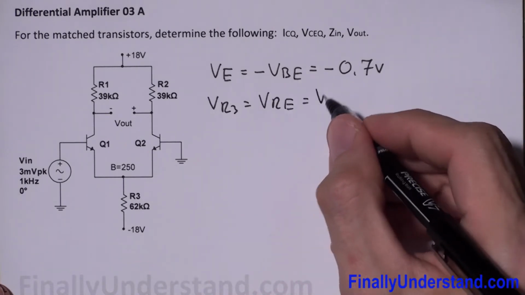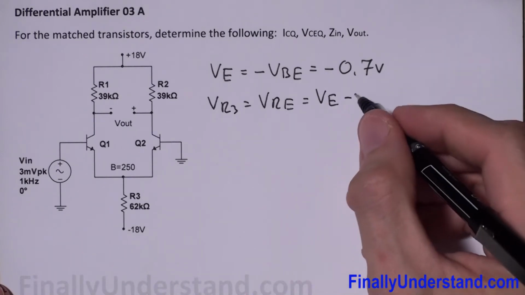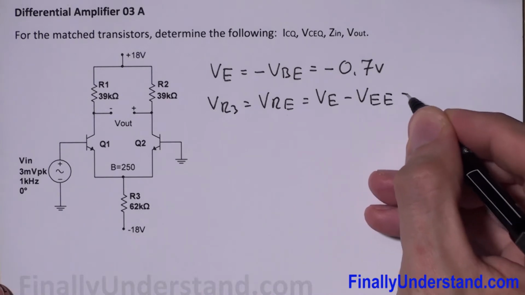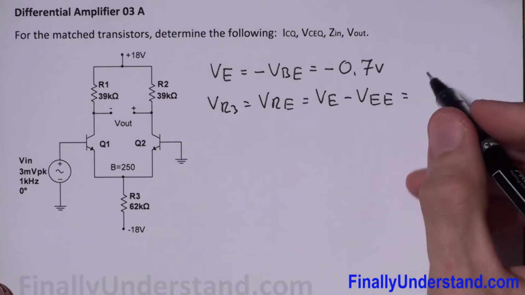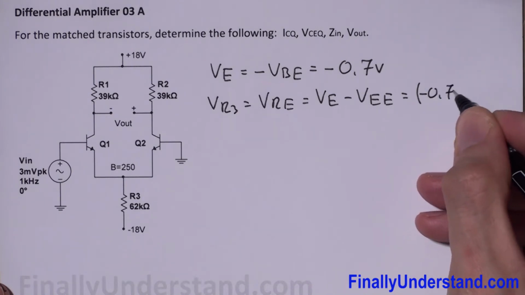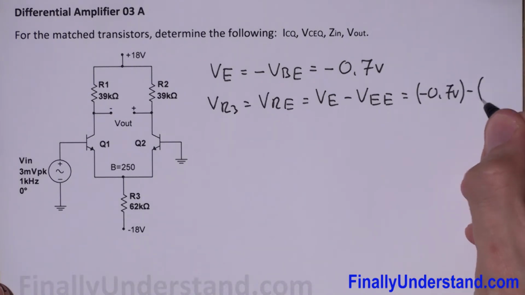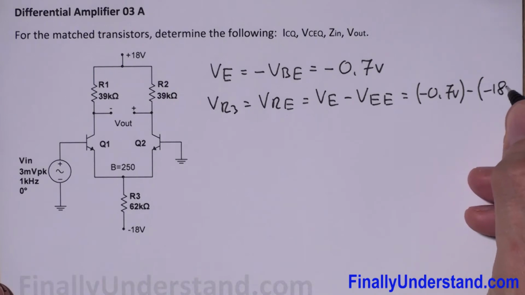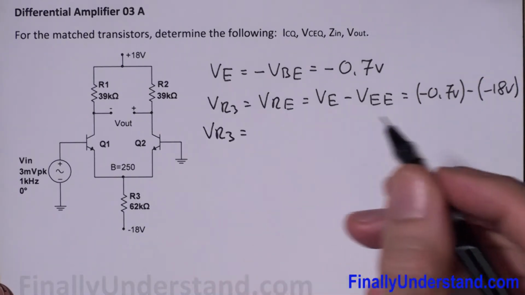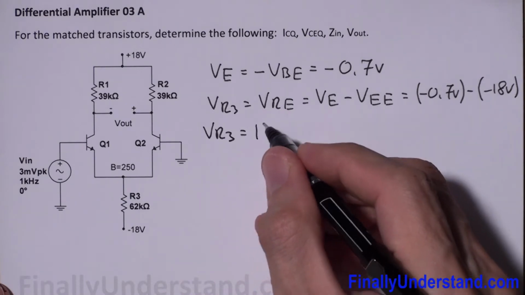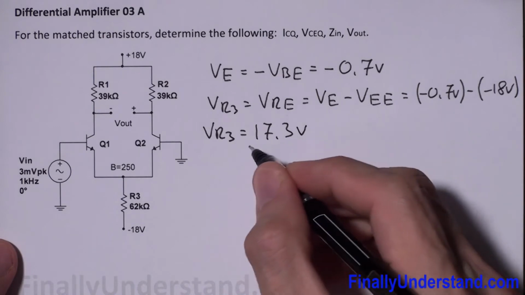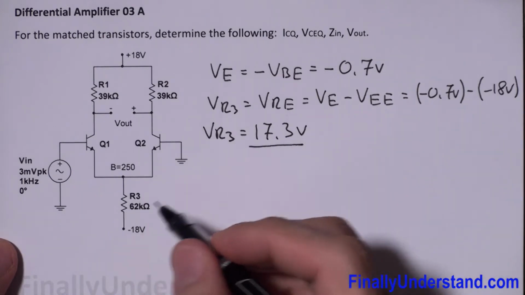This is nothing else, just VE minus VEE. This is equal to negative 0.7 volts minus negative 18 volts. So VR3 is equal to 17.3 volts. Okay, so this is the voltage across resistor R3.